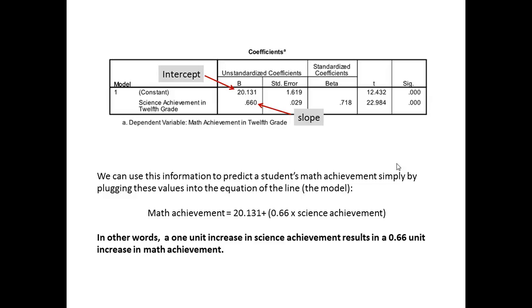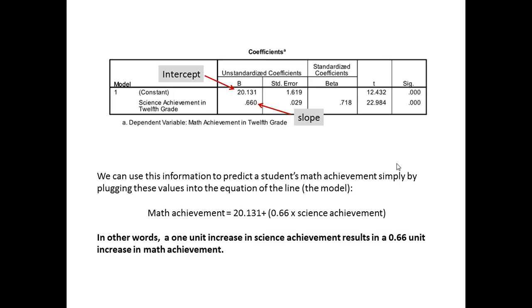So, we can use this information to predict a student's math achievement simply by plugging these values into the equation of the line. Math achievement is equal to 20.131 plus your beta times science achievement score. In other words, a 1-unit increase in science achievement results in a 0.66 unit increase in math.